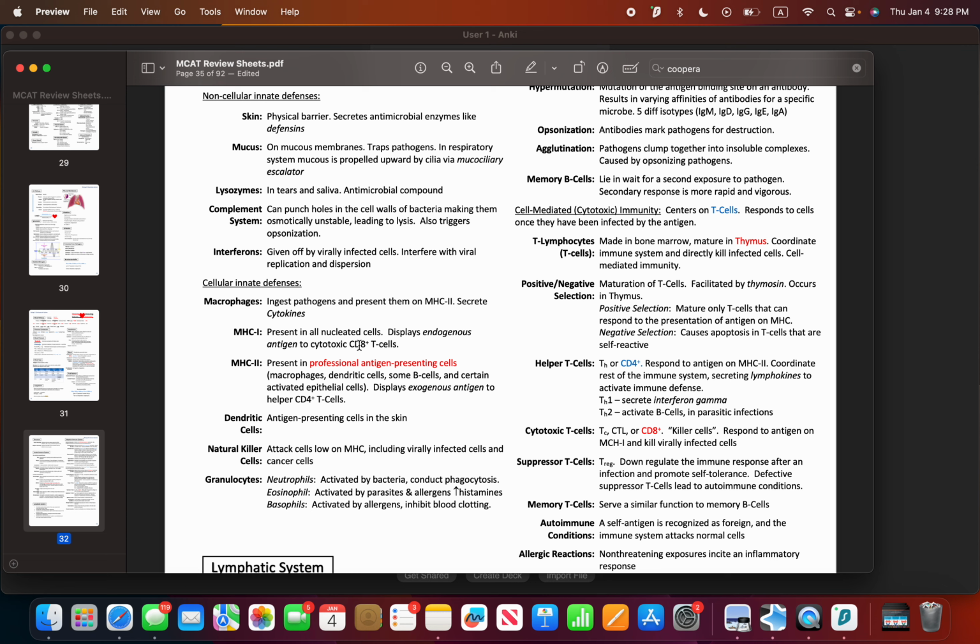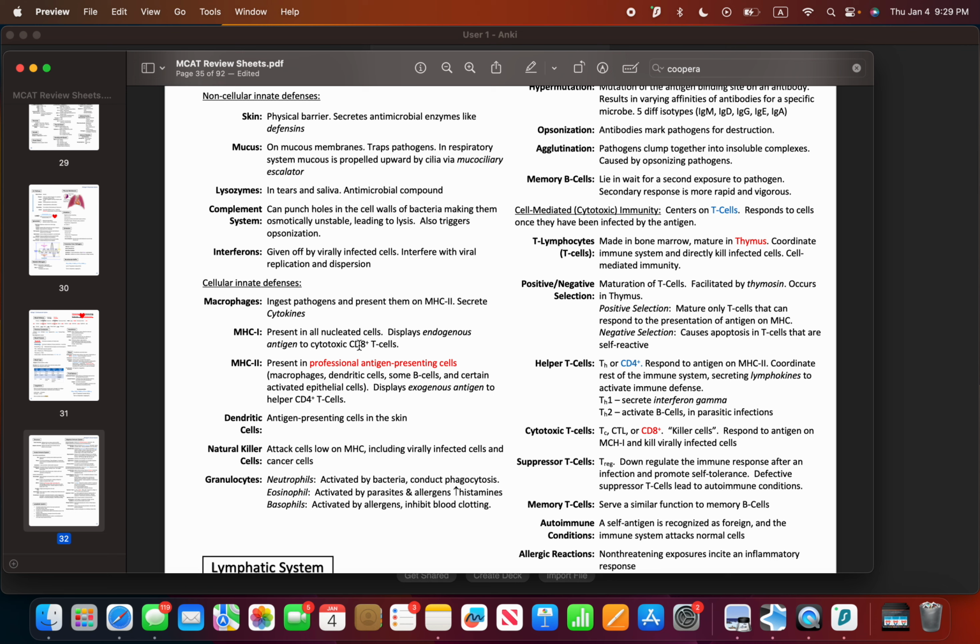And we have dendritic cells, which are antigen presenting cells in the skin. And natural killer cells attack cells low on MHC, including virally infected cells and cancer cells. Now, granulocytes consist of neutrophils, basophils, and eosinophils.